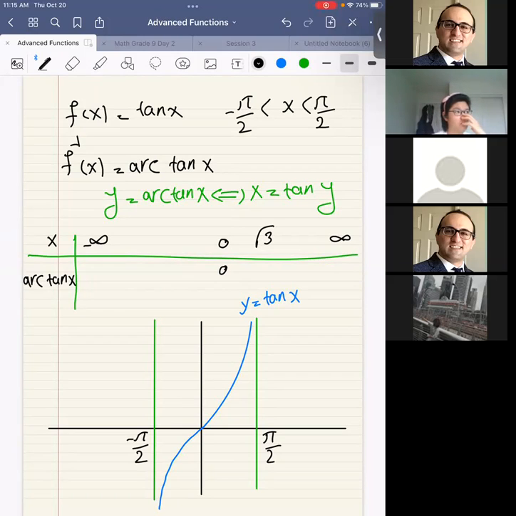So what angle is pi over 3? Because tangent of pi over 3 is sine of pi over 3 over cosine of pi over 3, is √3 over 2 divided by 1 over 2, which is just root 3.